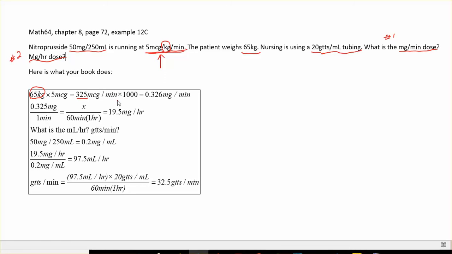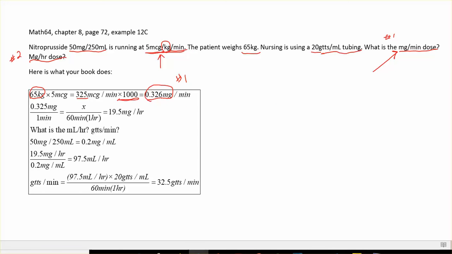And then they include this step, which I don't like because they shouldn't give you multiple things in one row. But they're taking that answer and multiplying it by 1,000 in order to get milligrams, which is what the question was asking over here. They wanted to know how many milligrams per minute is the dose. So this is the answer to question number 1.